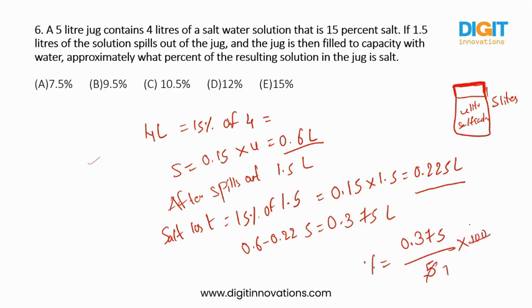So 5 ones, 5 twenties. So 0.375 into 20 would be 7.5%. So the option is K. I hope you are clear, guys.